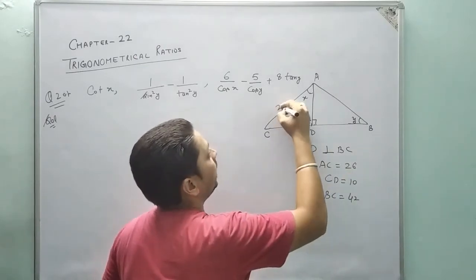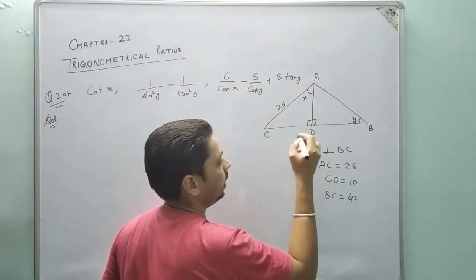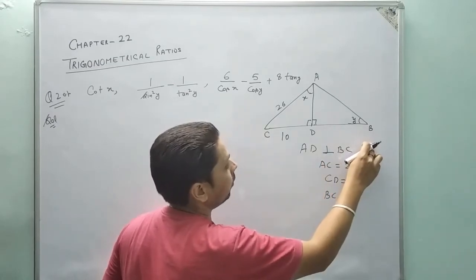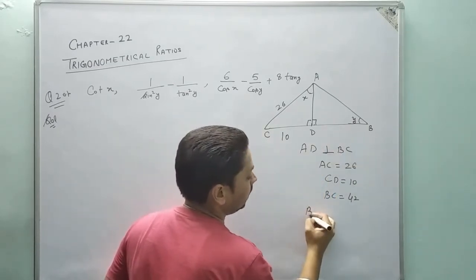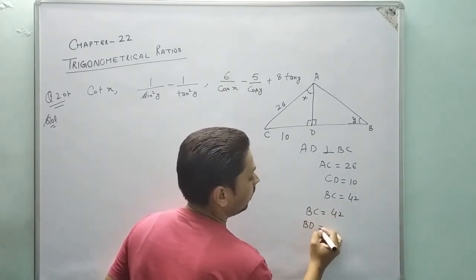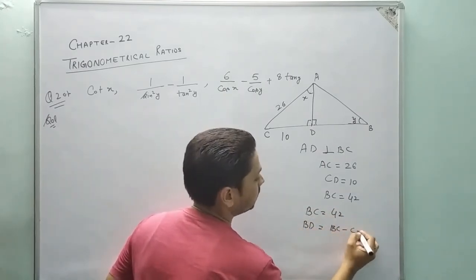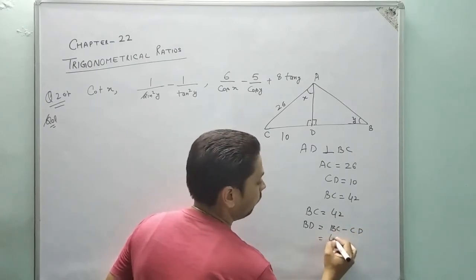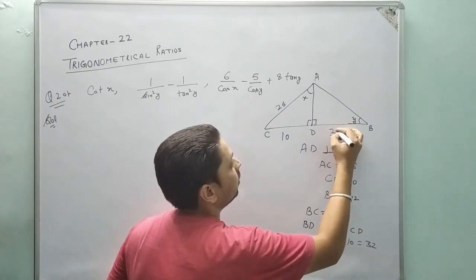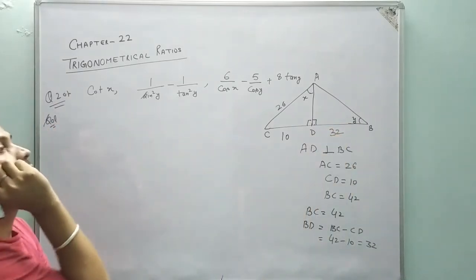AC is given as 26, CD is given as 10, and whole BC is 42. BC is equal to 42, then BD will be equal to BC minus CD, that is equal to 42 minus 10, which is equal to 32.